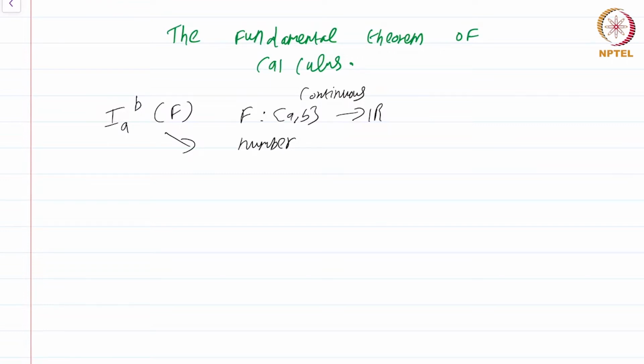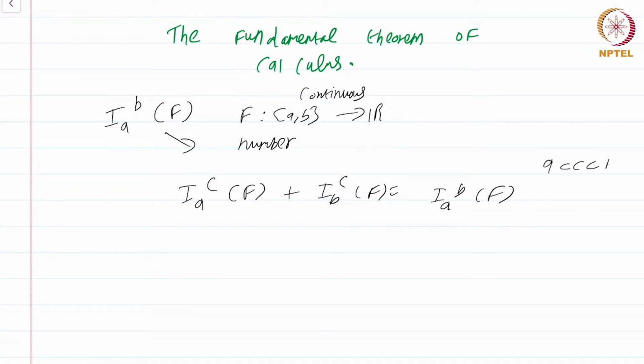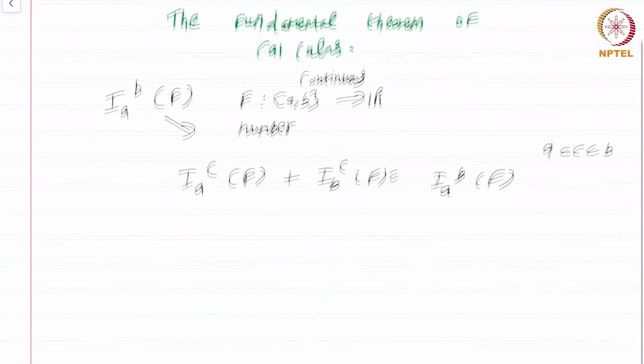And this number satisfies these two properties: that I_AC of f plus I_CB of f is equal to I_AB of f, where a is less than c less than b. This is one of the properties.